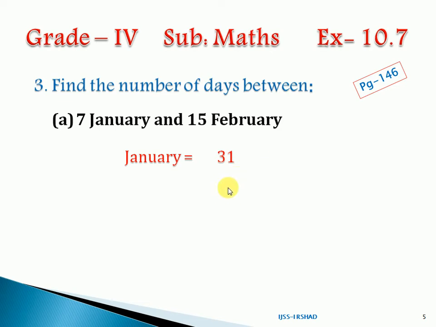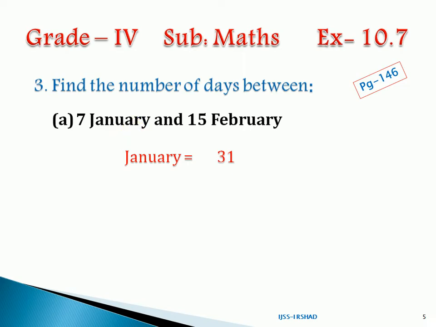In the month of January 31 days are there. So how many days will we take from here? See, we have to find the days between, meaning after 7 January, not 7 January. So from date 1 to 7 is excluded from the month of January. So we will subtract these 7 days, and calculate from the next date, the 8th of January.